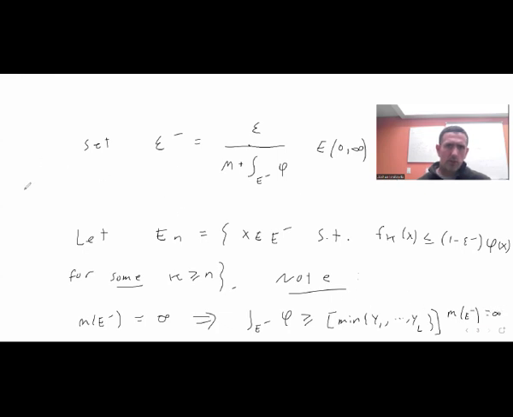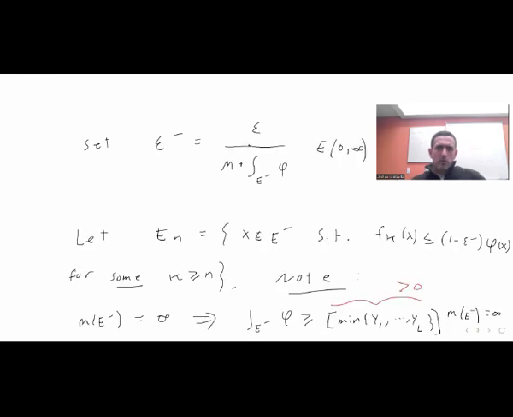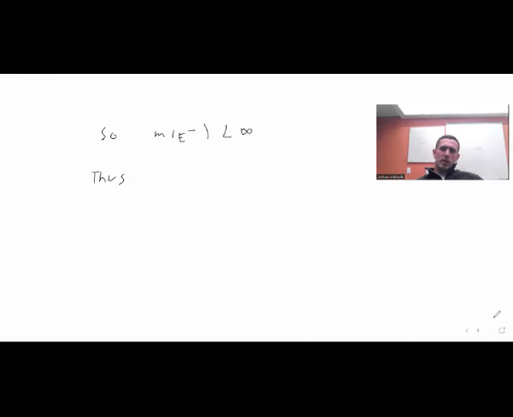So that means this, and remember this is positive because all the y's are positive. That means this has to have finite measure. In particular, why do I care? Well, in particular, E1 is a subset of E prime, and so E1 has finite measure.